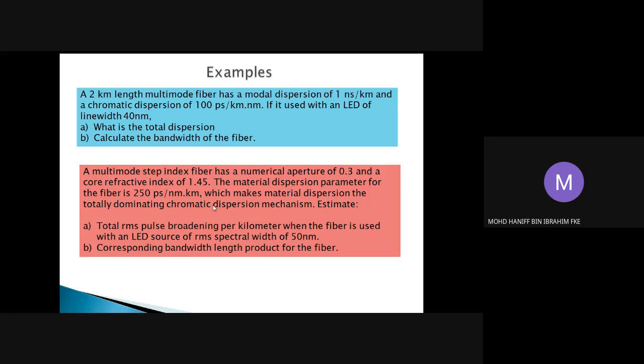Also, we have a material dispersion in this particular case. So you need to calculate the RMS pulse broadening per kilometer when we have the spectral line width of 50 nanometers. From this information, we can then calculate the corresponding bandwidth length product.